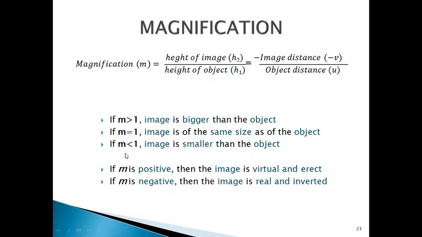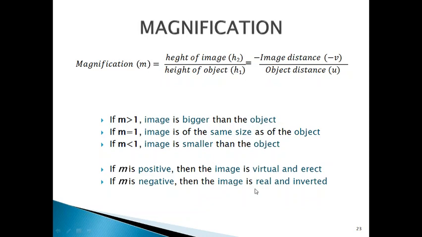If magnification is less than 1, then image is smaller than the object. Okay. Now, if the value of magnification comes in positive, then please remember the image is virtual and erect. If the magnification value is in negative, then the image is real and inverted.